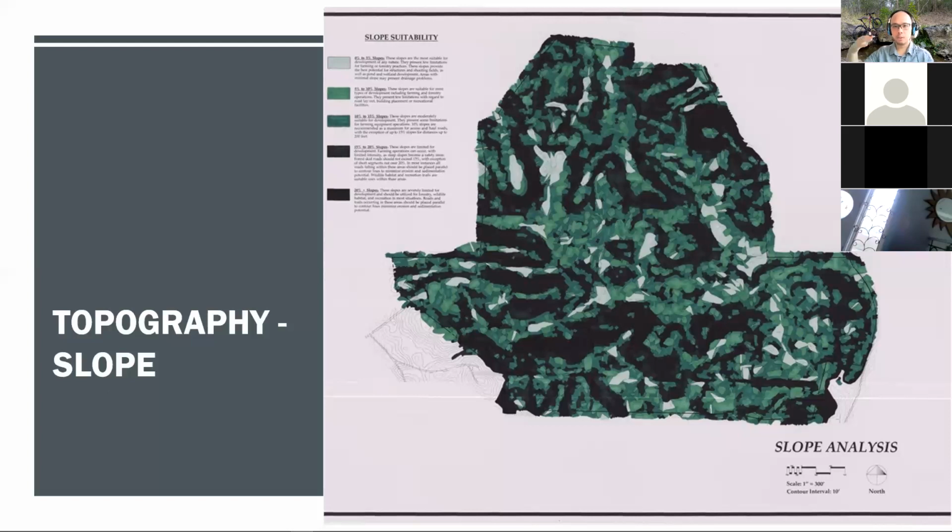Now, each of these slope conditions warrants mapping, because these locations have significant site planning implications. So, just like the map that I showed you last week, this is a slope analysis, and in the slope analysis, there's a slope suitability table or slope suitability matrix that indicates where the ideal spots for development are.